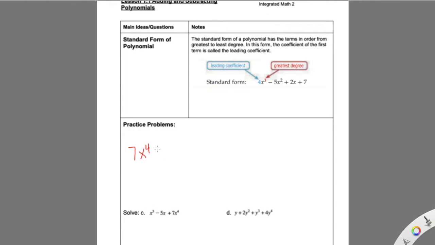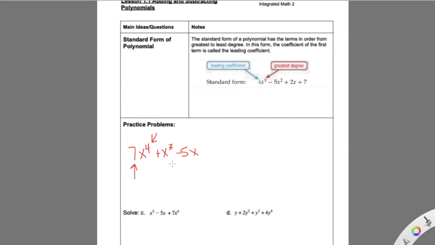So I'd have plus, because since there's nothing in front of it, I know it's a positive x cubed. And then we would write minus 5x on the end. And there is no constant here. There was no squared term. So this is in order. Our leading coefficient is 7. And the degree is going to be 4.